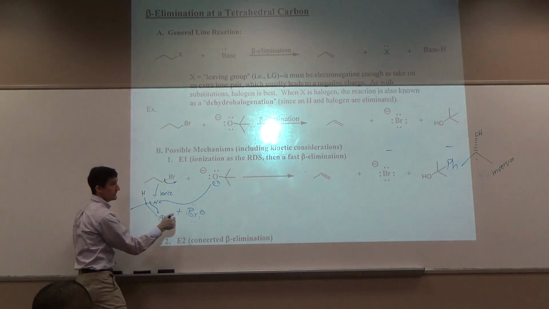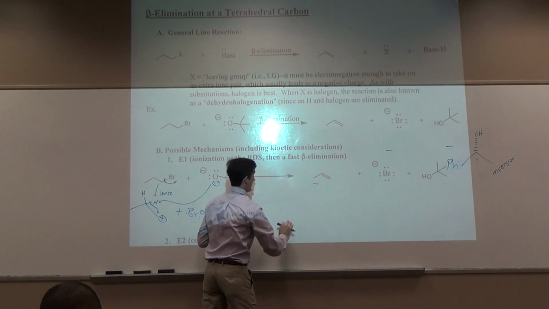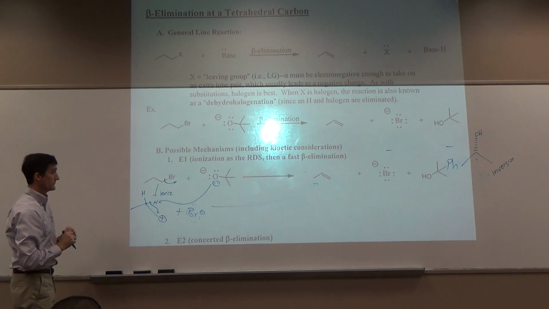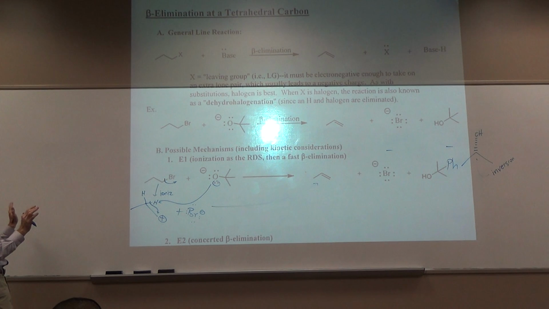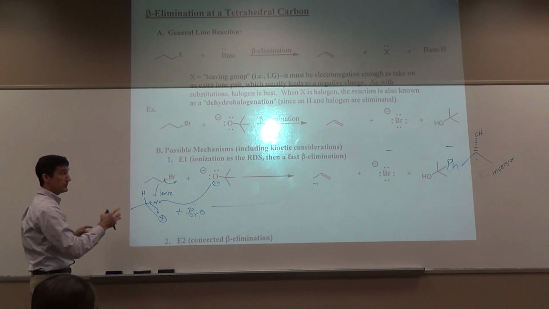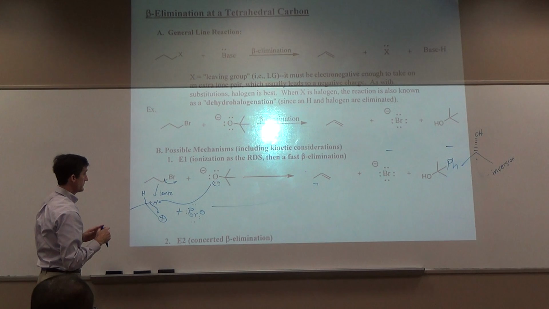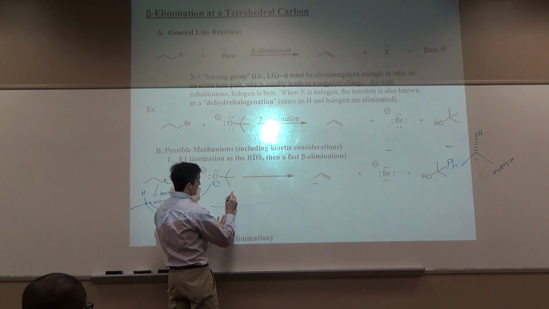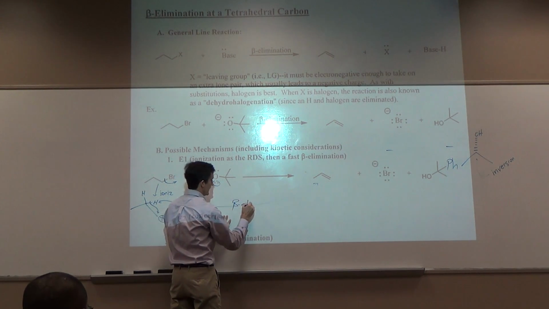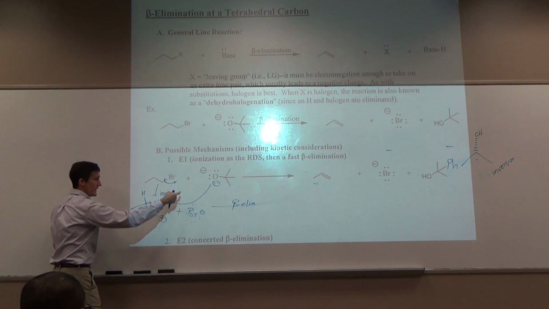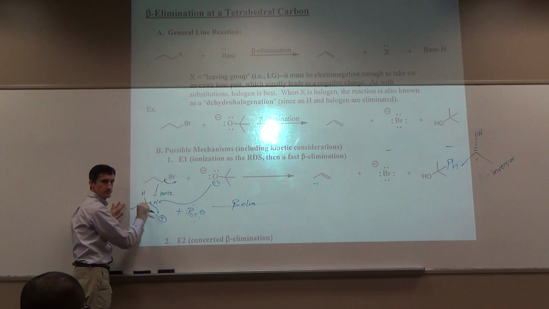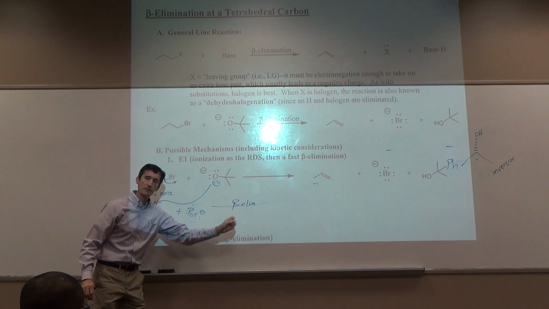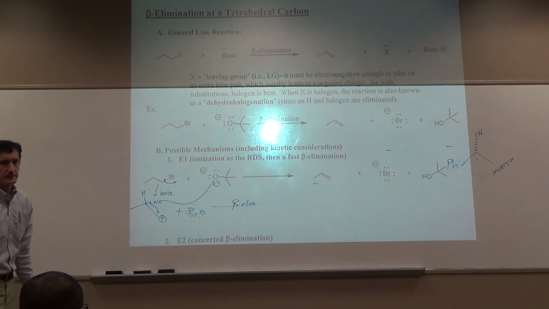Well, the pi bond here gives that, and now the base has the H. So we just did a two-step mechanism to propose how we get this. This step is actually sometimes also called the beta elimination, because this is where you actually take the beta hydrogen. So the whole thing is called beta elimination, but also that specific step is sometimes the specific beta elimination.